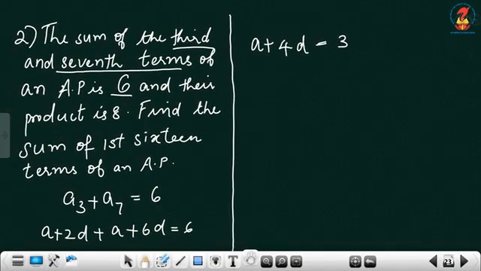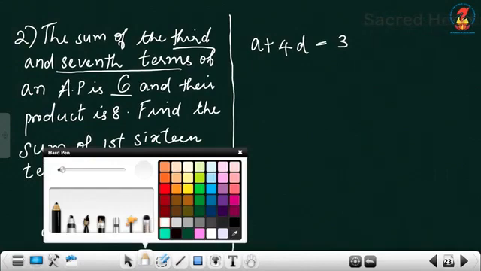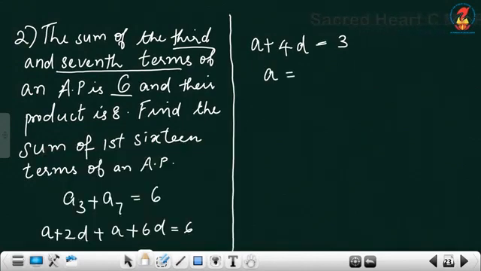So we can take a as 3 minus 4d. This is the first equation. The first relation given is the sum of third and seventh terms is 6. From that we are getting a plus 4d is equal to 3.